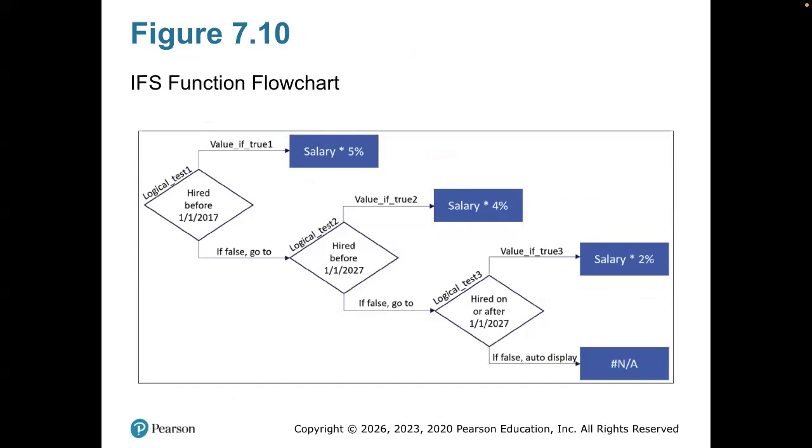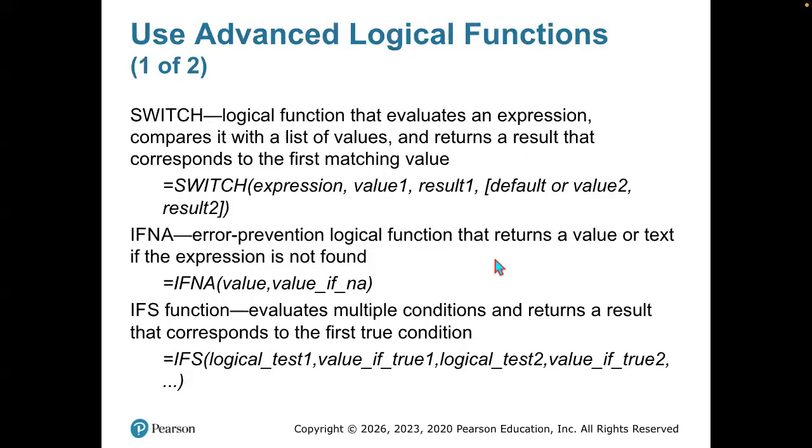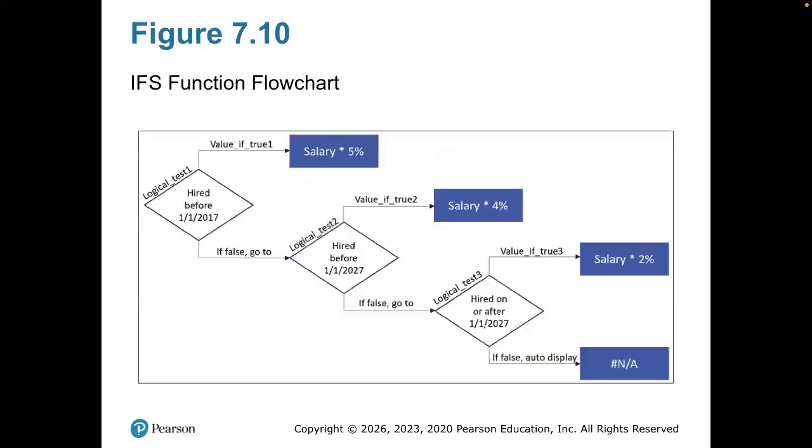The IFS function is going to evaluate if multiple conditions are true, and it's going to return a result corresponding to the first true condition. So we went over plain old IF statements. Let's say if the value hired before January 1st, 2017 is true, then the salary gets multiplied by 5%. You get a 5% bonus if you've been here before 2017.